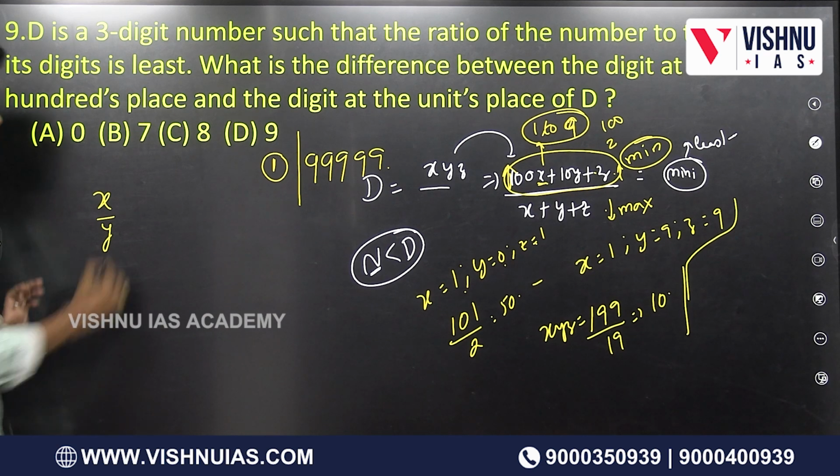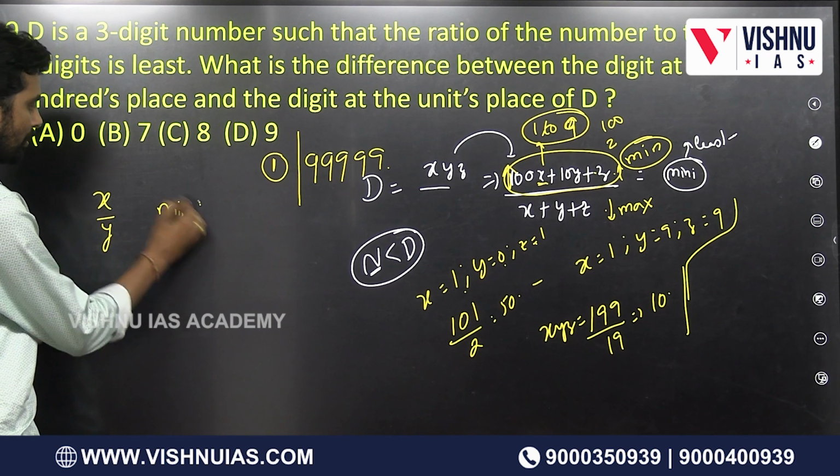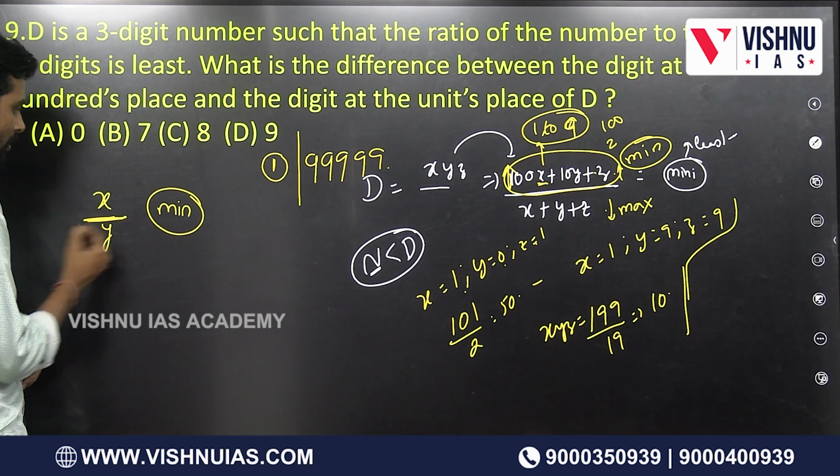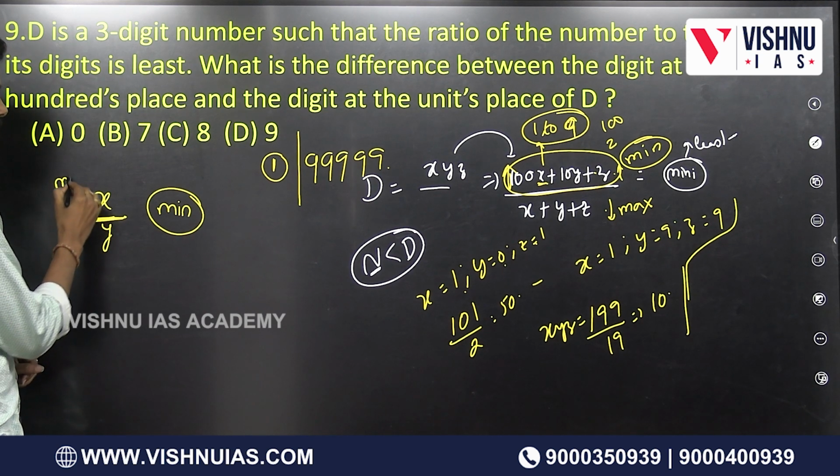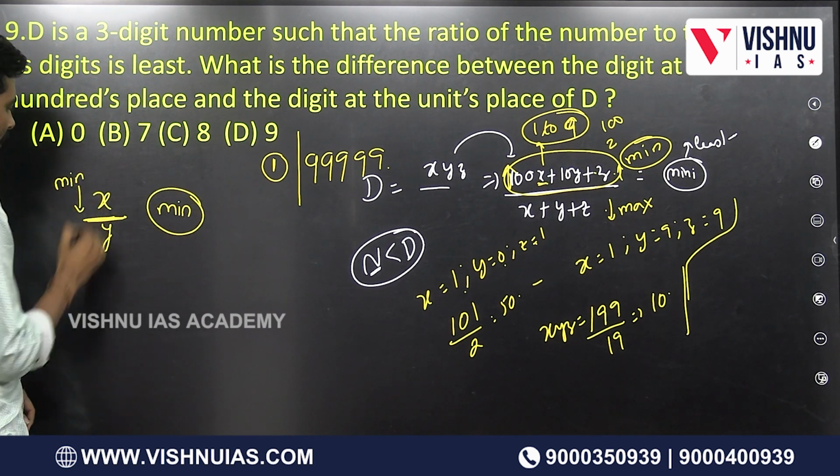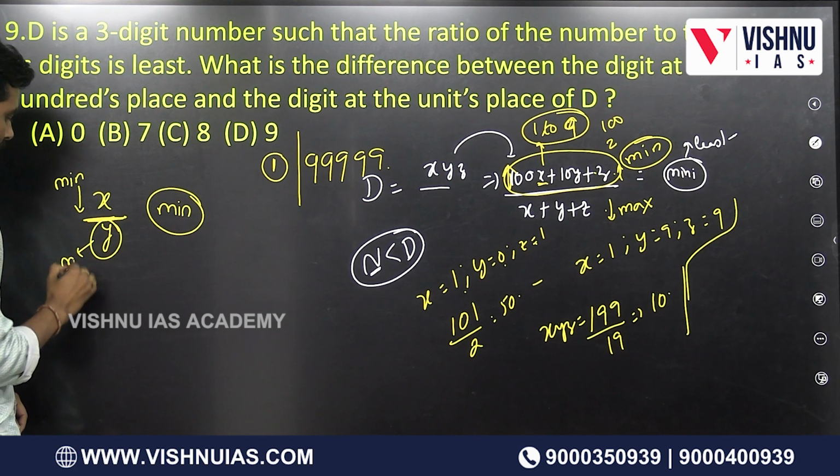So when a ratio should be minimum, the numerator should be the minimum possible value and the denominator the maximum possible value.